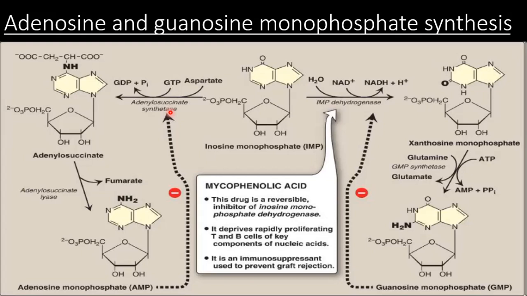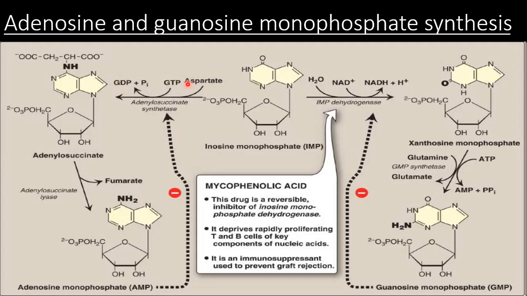Remember some texts usually say that adenylosuccinate synthetase and the one for the synthesis of the other are the same, but myself, let's say this is adenylosuccinate synthetase, and the other has its own synthetase.